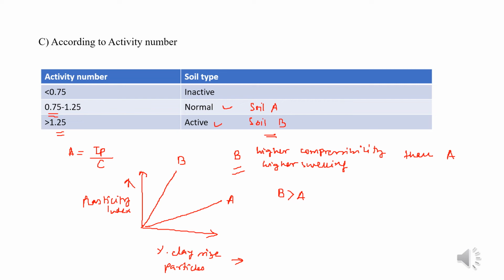Now, since we have already started talking about how the activity number has its significance, we should also talk about what we learned in the previous slide about the plasticity index, the liquidity index, and the consistency index.